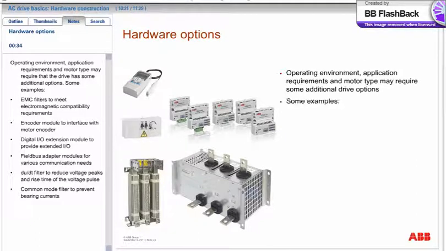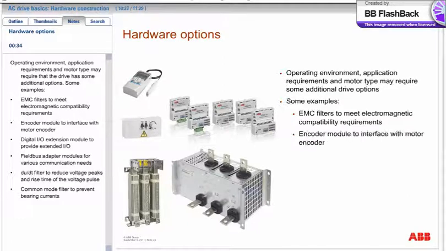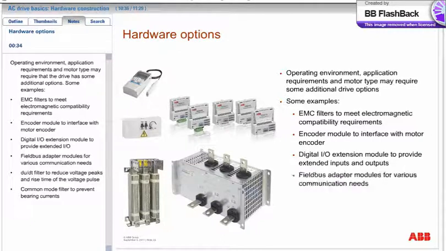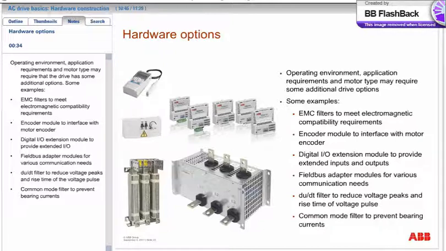Some examples: EMC filters to meet electromagnetic compatibility requirements, encoder module to interface with motor encoder, digital input-output extension module to provide extended input-output, field bus adapter modules for various communication needs, du/dt filter to reduce voltage peaks and rise time of the voltage pulse, common mode filter to prevent bearing currents.